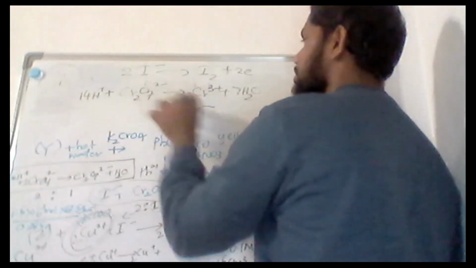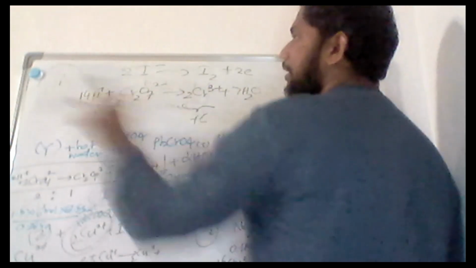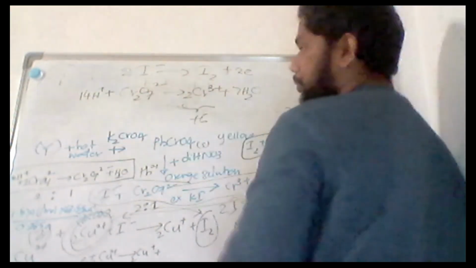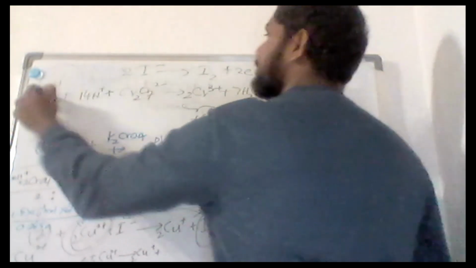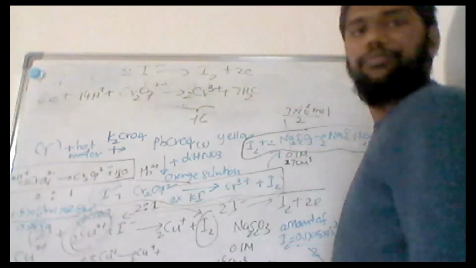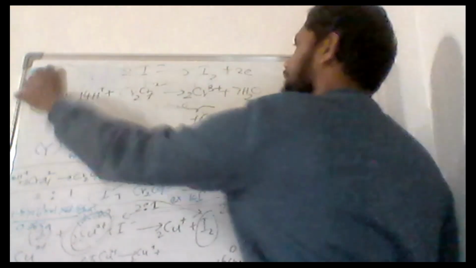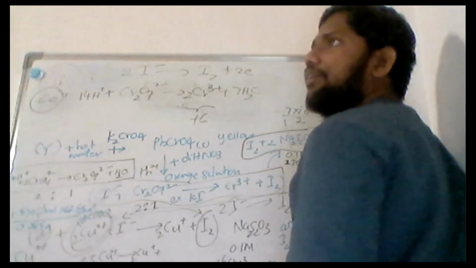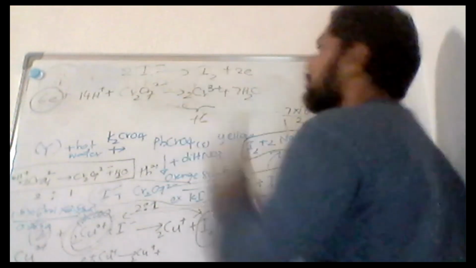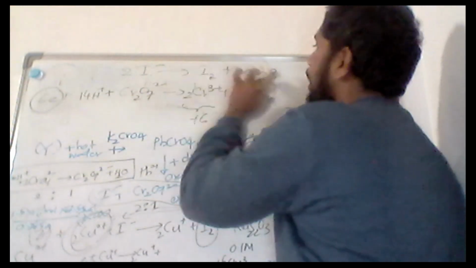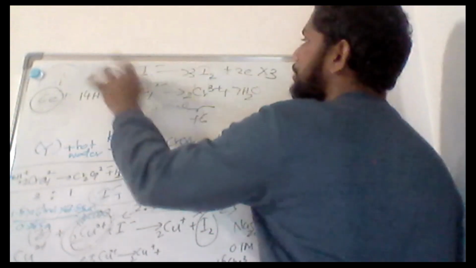There is plus 6 here, plus 14, and 2 minus is plus 12. So to make it plus 6, I can add 6 electrons. Then you need to balance these two. Here there are 6 electrons consumed, so this one should produce 6 electrons. So I have to multiply this by 3. So here my I2 becomes 3 and here this becomes 6.